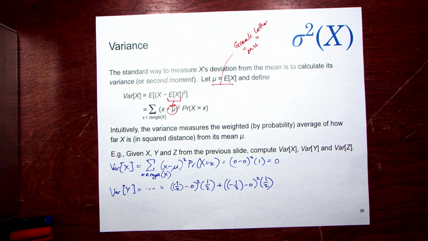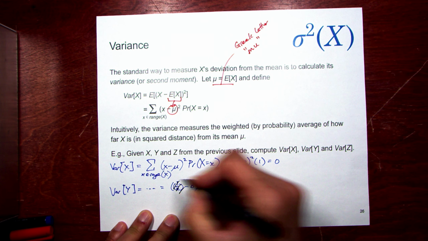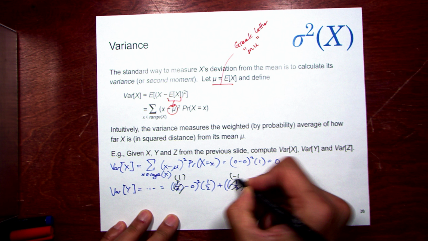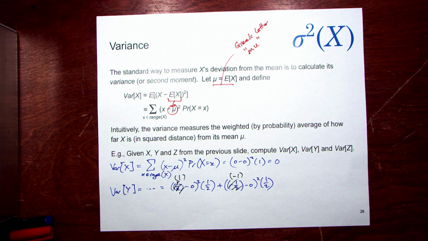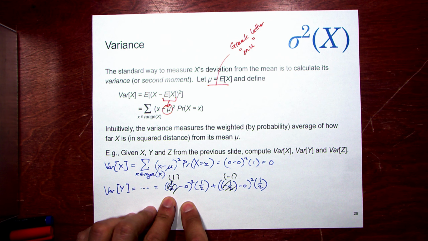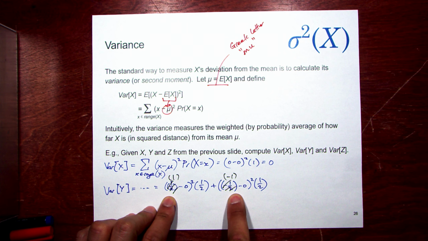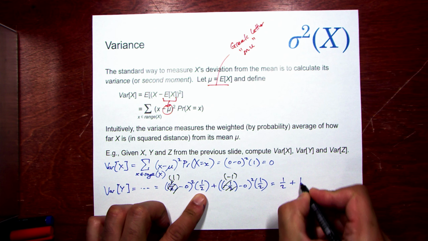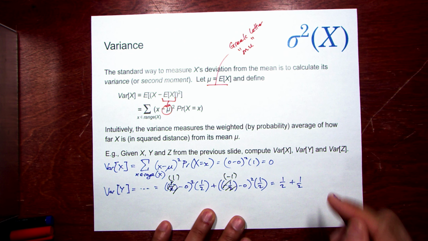Oh wait a sec, sorry, did I get this wrong? Oh, sorry, it's plus or minus 1. My bad. This should be 1, and this should be minus 1. Pardon me. I had another version of this in my head. That's my excuse anyway. So it's 1 squared, or minus 1 squared, times a half. So that's a half plus a half, which is 1.